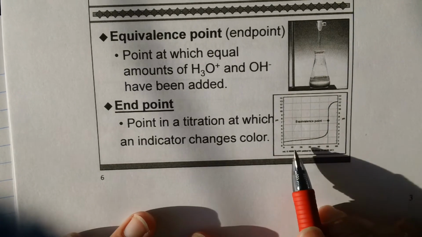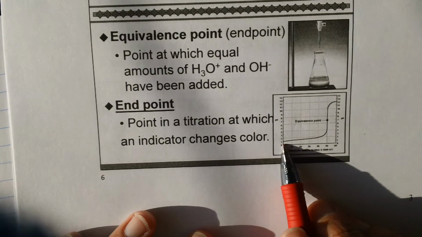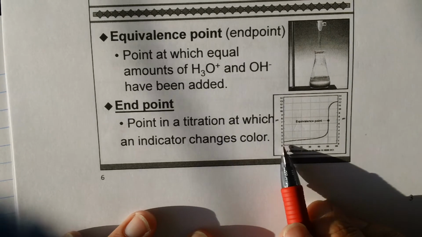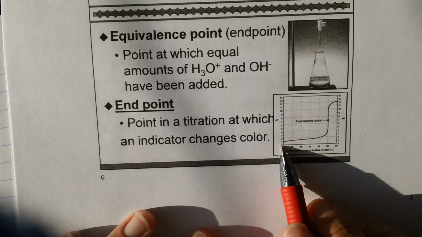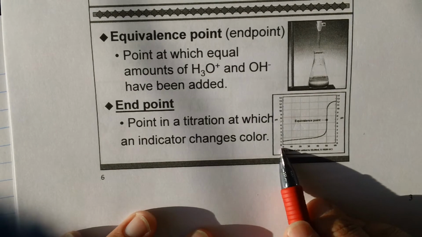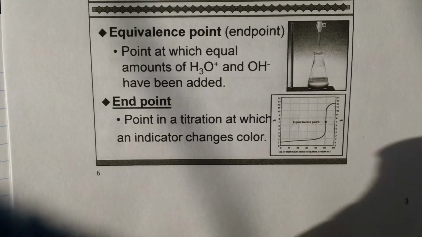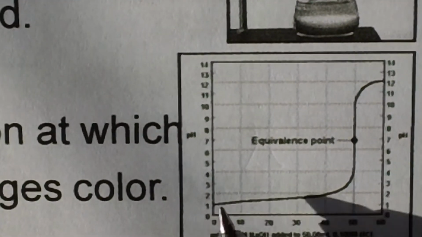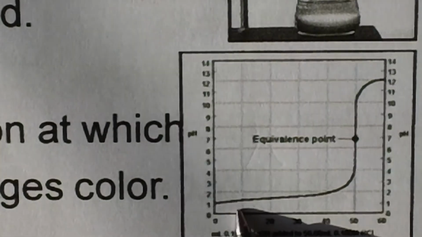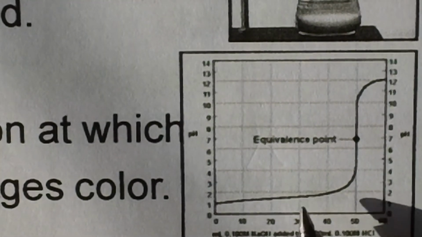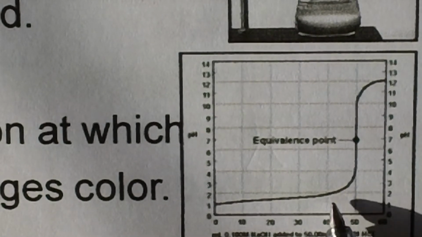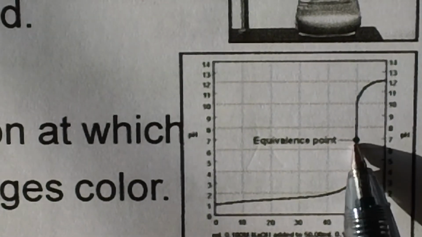This is a great little graph showing you how this works. In this case we started with something acidic because the pH is really low down here. And as you're adding base, it's staying acidic and staying acidic and staying acidic for the first 48 milliliters of base that we add.